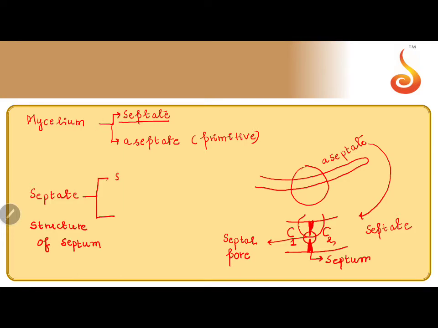So I have the simple septum and we have something called the Dolipore septum. So what I drew here is the simple septum. I have an extension of the membrane inside and I have a pore, and this is the enlarged version.